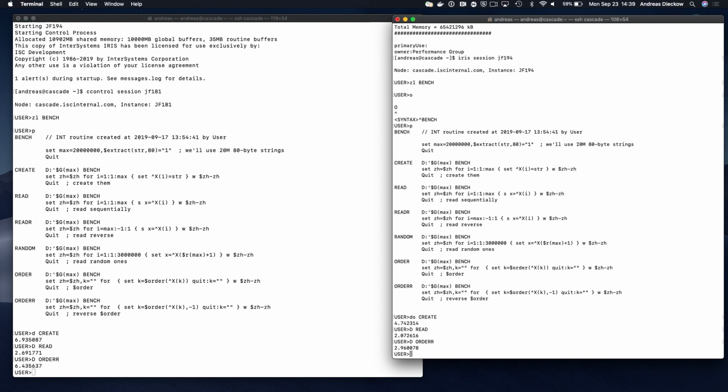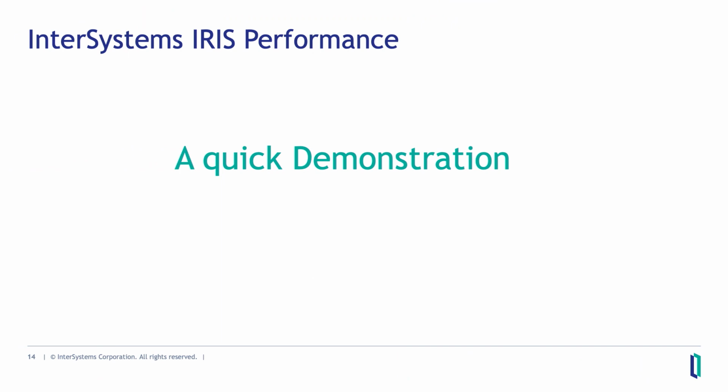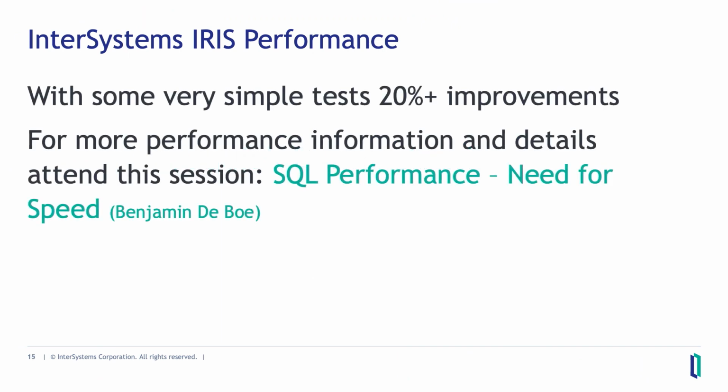So if you have existing applications, just going to InterSystems IRIS, just from this small test alone, you see 20-25% performance improvements in your application, just going through the InterSystems IRIS platform. There's a lot more in the pipeline that we're working on in this area. And there's another session Benjamin DeBow is having.